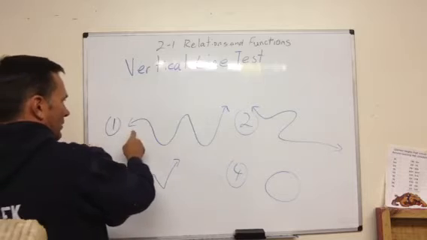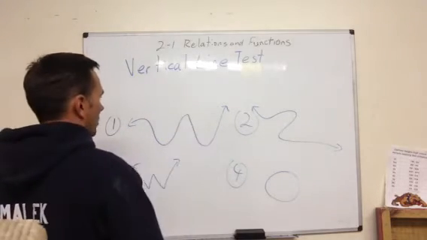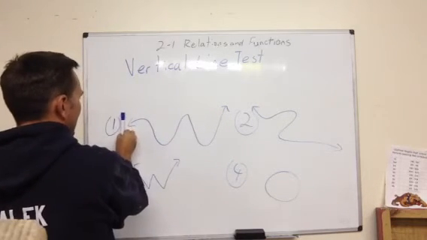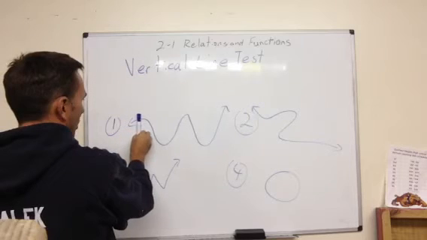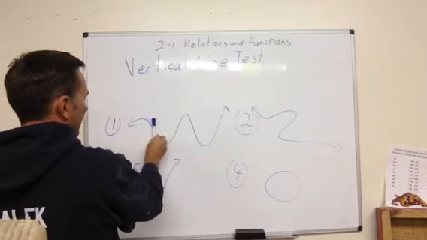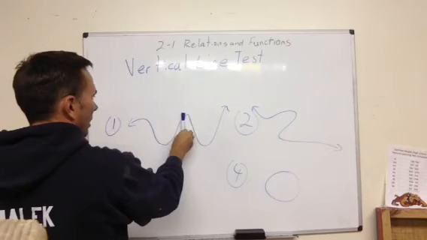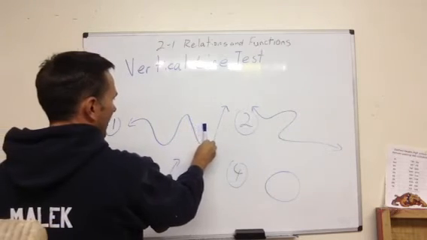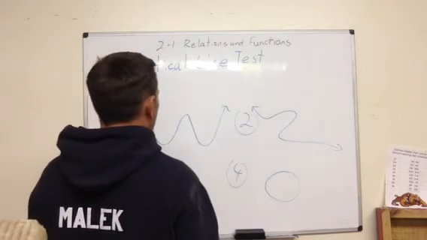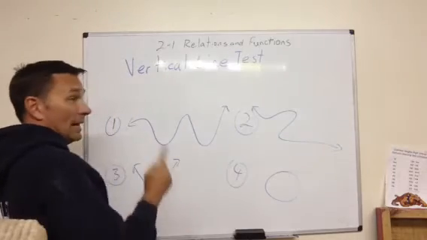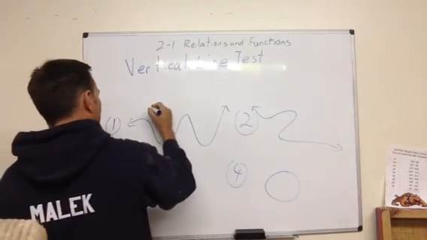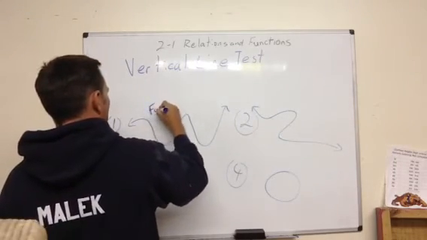So we have this funny looking graph. As I take a vertical line and run it across the board, you will notice that it's hitting the marker one time and one time only. Therefore, it passes the vertical line test. It's only hitting once. This is a function.